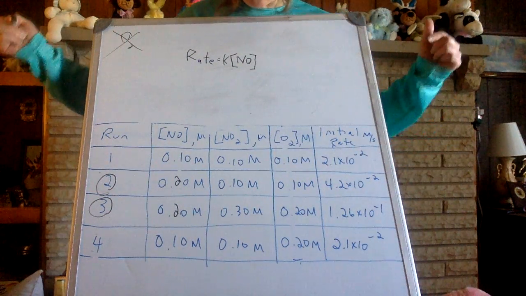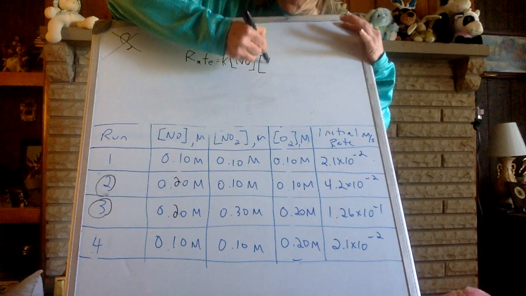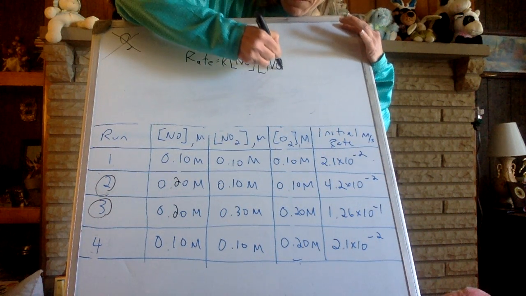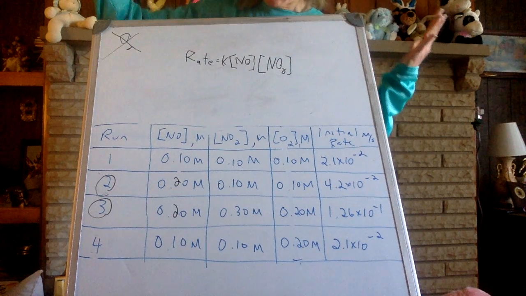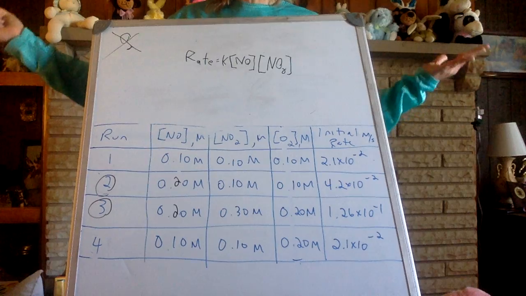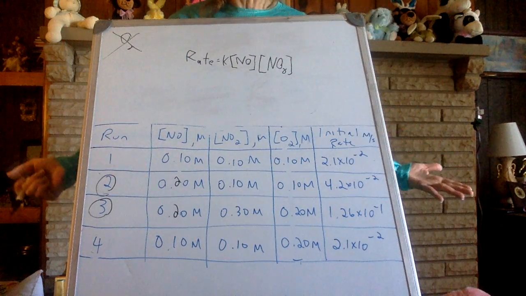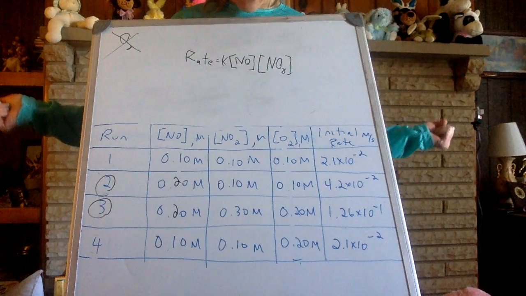So when I triple NO2, I triple my rate, and because when I double NO, it doubles my rate, I've got first order for NO2.